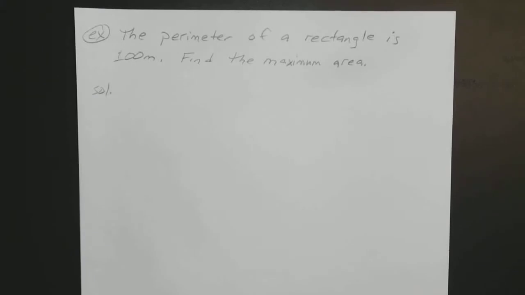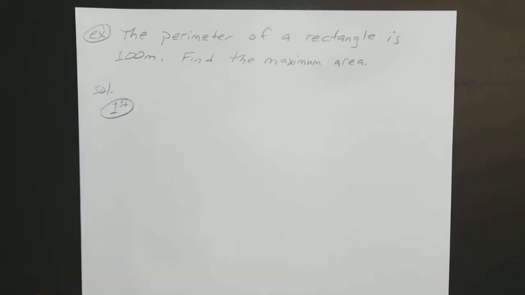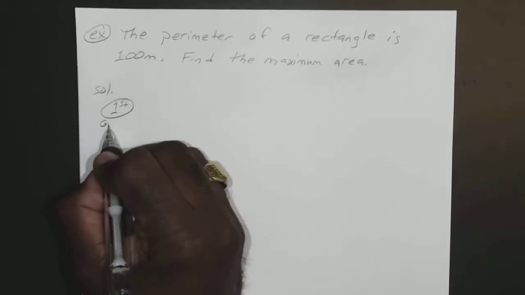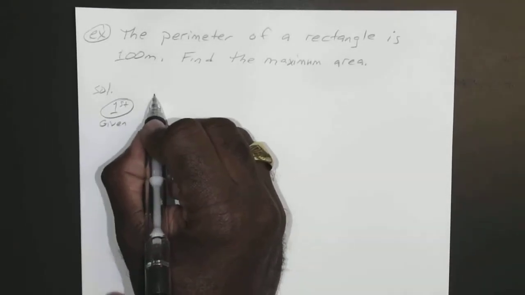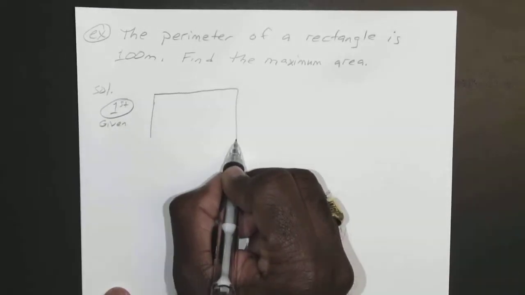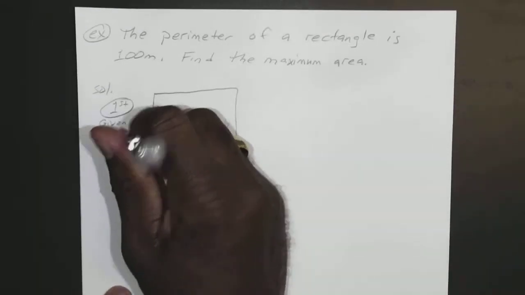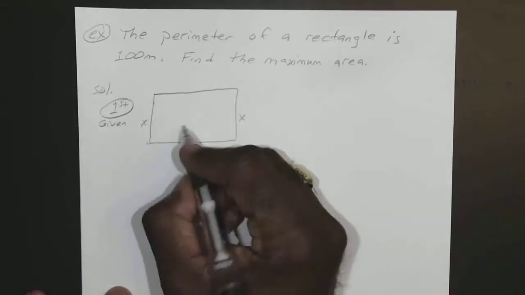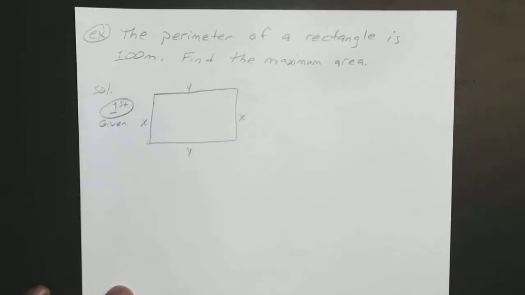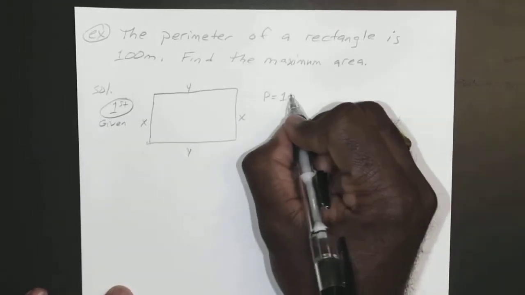Okay. So we start with our first step, identify everything that was given to us. And me, I always like to start off drawing it so I can visualize. Okay, so we can have our x sides that are equal and our y sides that are equal. And we know that our perimeter is equal to 100 meters.